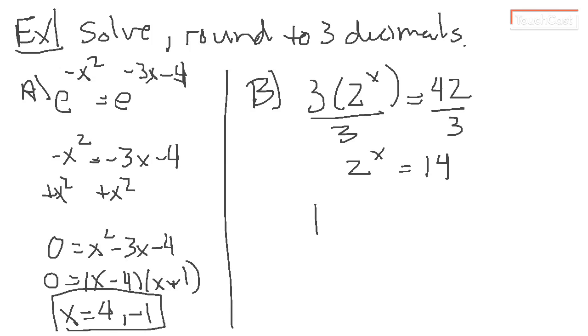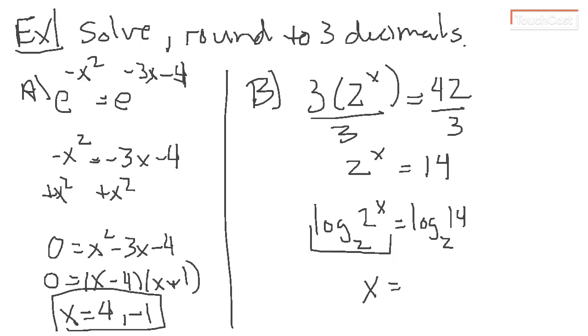So I'm going to take the log of both sides but I'm going to keep in mind the inverse properties of logs. So if I make the base of these logs 2, over here on the left, log base 2 of 2 to the x, that's the inverse property of logs. I'm just going to get an x from that.